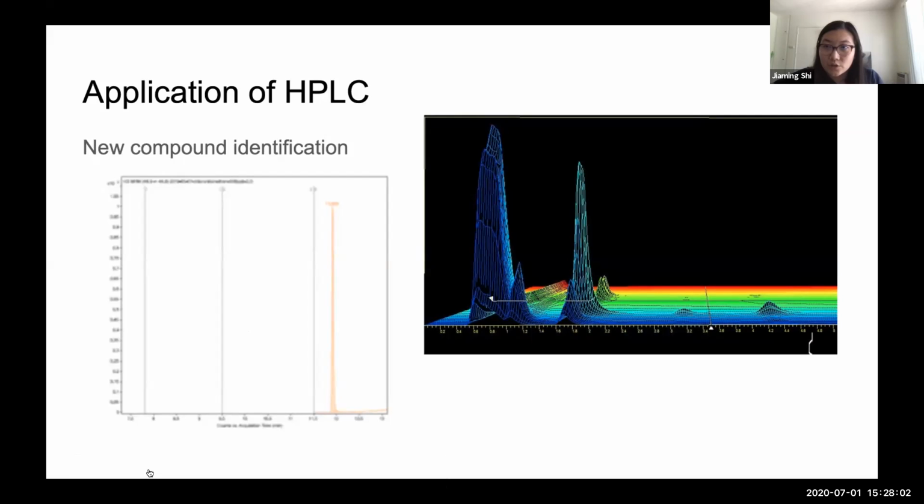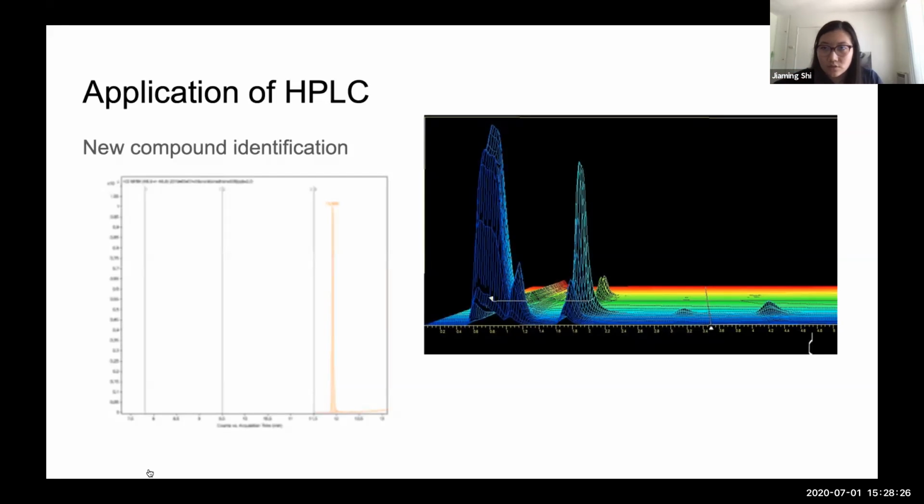So it's not a UV-Vis detector, it's mass spectrometry, which measures the weight of a compound. So if you're seeing a new distinct peak with a new mass, usually that means you are seeing a new compound. But that can also be done through UV-Vis.